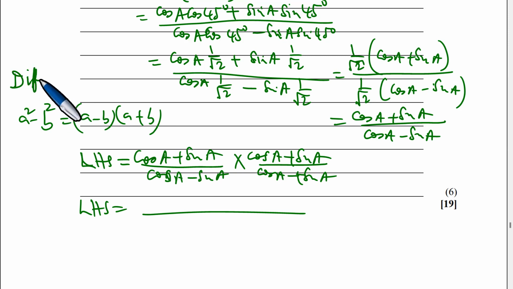This is called the difference of 2 squares. So which means the bottom now is cosine squared minus sine squared.